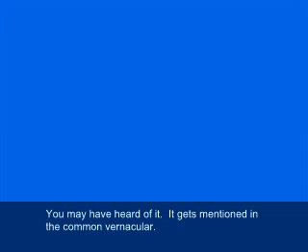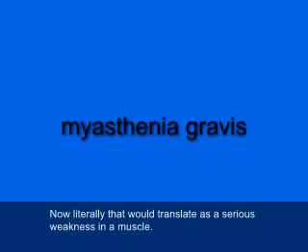Well, that leads us to a specific type of disorder that is presented in the textbook, and you may have heard of it. It gets mentioned in the common vernacular, and that's myasthenia gravis. Literally, that would translate as a serious weakness in a muscle.